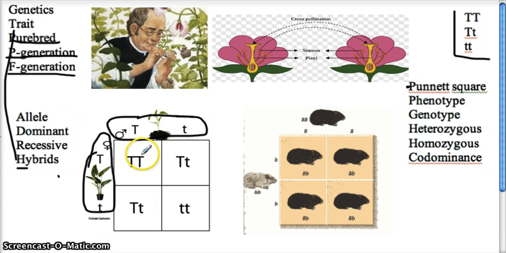So look at the offspring. You have one with a tall, that would be a purebred. You have one that looks like it's tall, and it is tall, but it also carries the small t, which means that the recessive does not show up, and you have another one here. But look at this one right here.